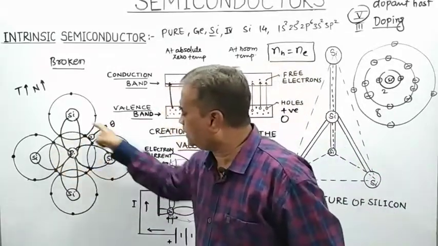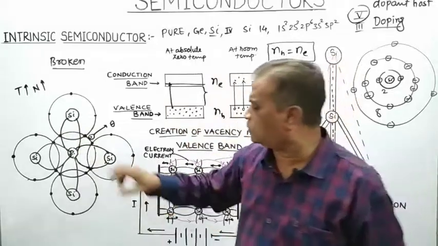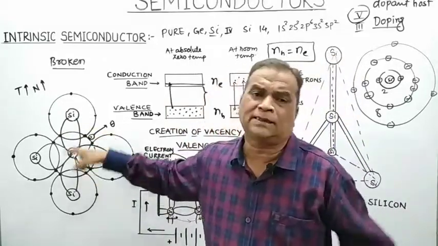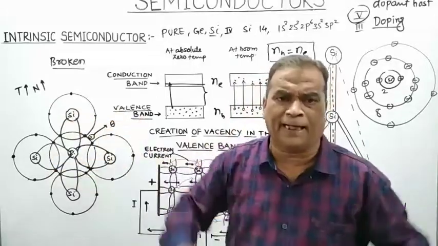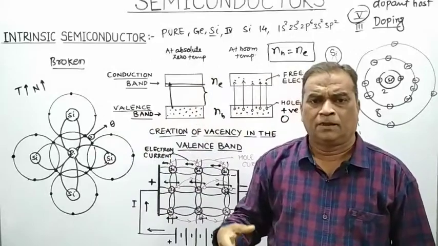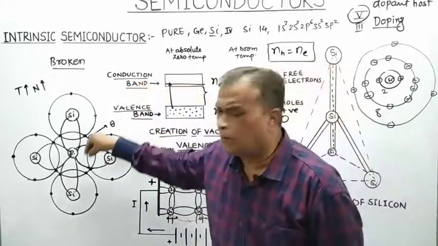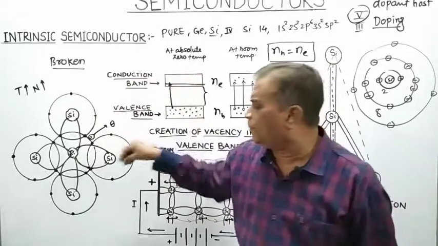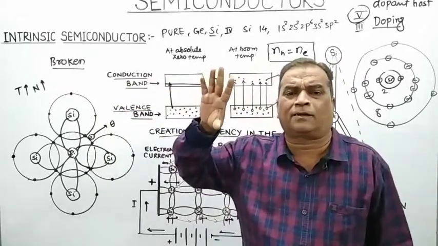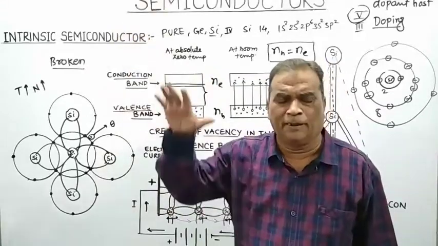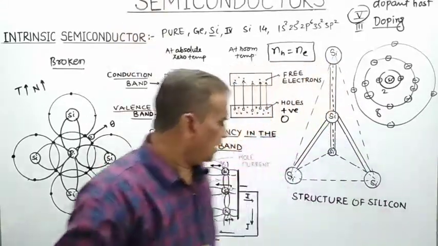Because phosphorus has 5 electrons, its 5th electron is available as a free electron. So depending upon how many pentavalent impurity atoms are added to a pure semiconductor, the number of free electrons available for conduction of electricity will be more or less.